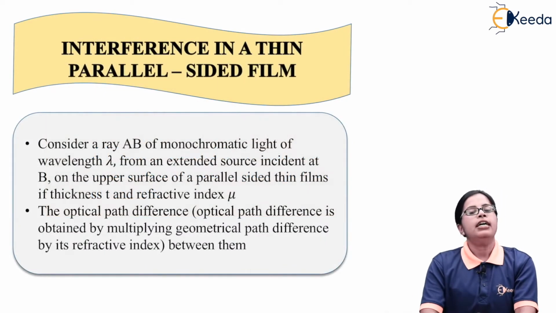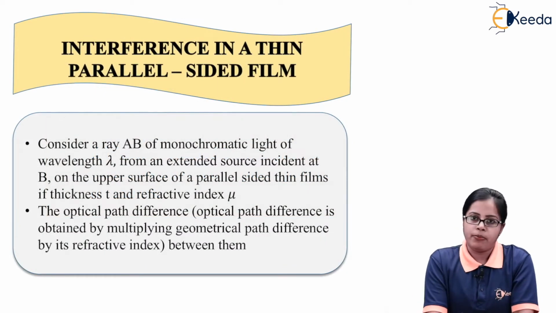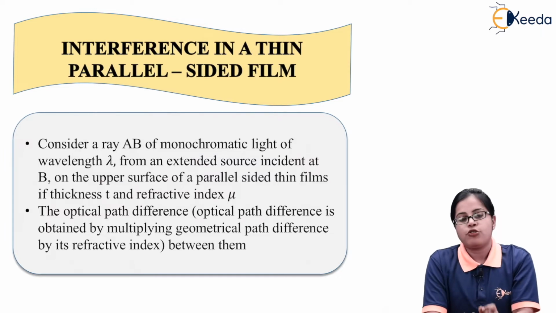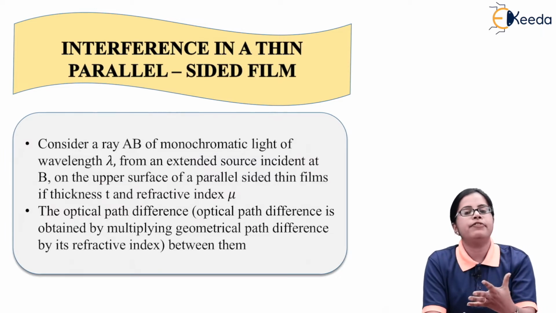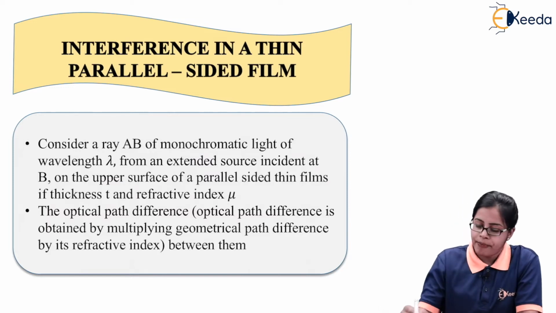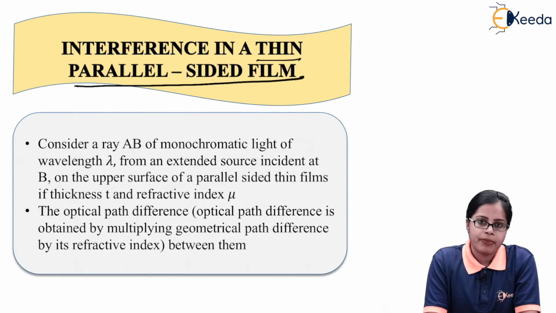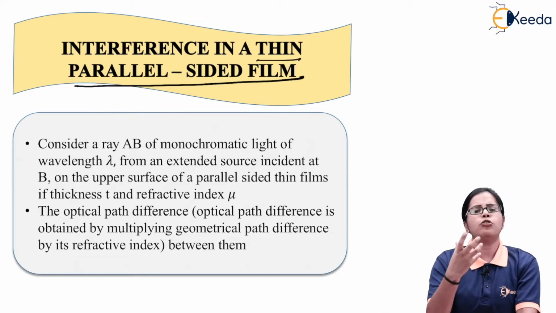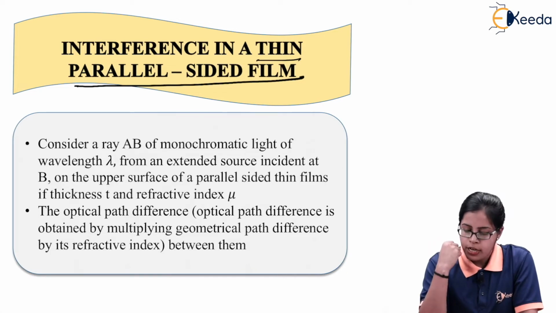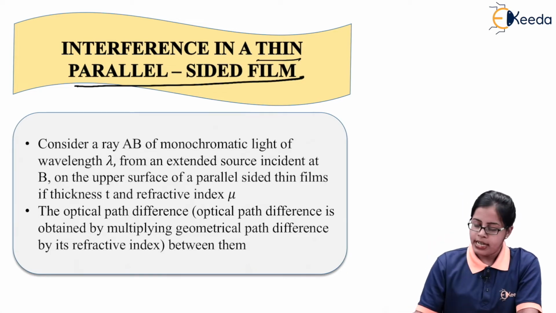Next, as I've considered a thin film of the plane parallel type, sometimes also referred to as a thin parallel sided film, how do we obtain interference using it?